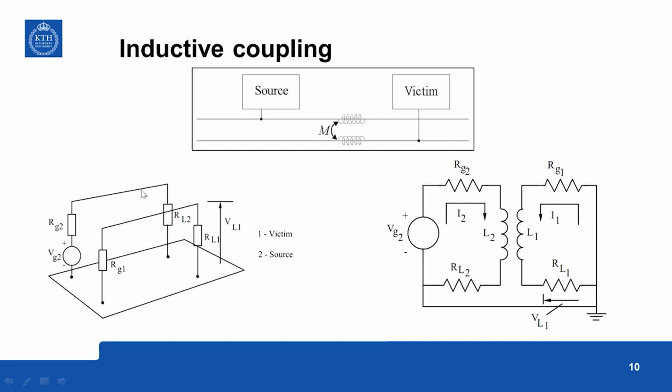L2 is the inductance of this line and L1 is the inductance of this line. Then you have mutual coupling. Then of course one end of RL1 and another end of RL2 are connected together to the ground. So this is the circuit that we will analyze for inductive coupling. We are interested in the voltage across RL1. That will be the noise voltage due to this source.